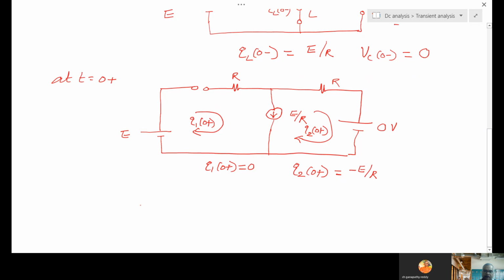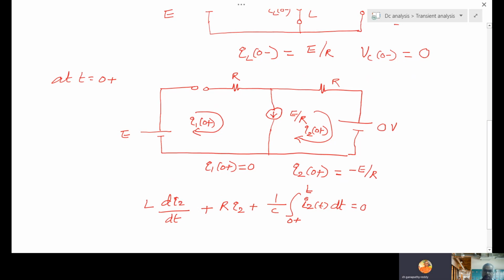L di2/dt, with i2 going upward, plus R into i2, plus 1 by C integral from 0+ to t of the current i2, equal to 0.